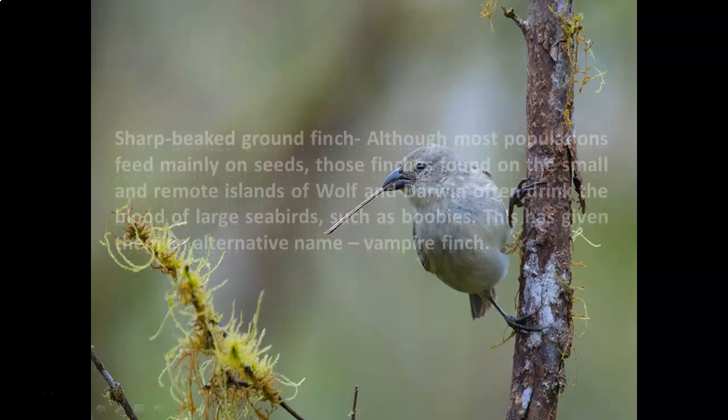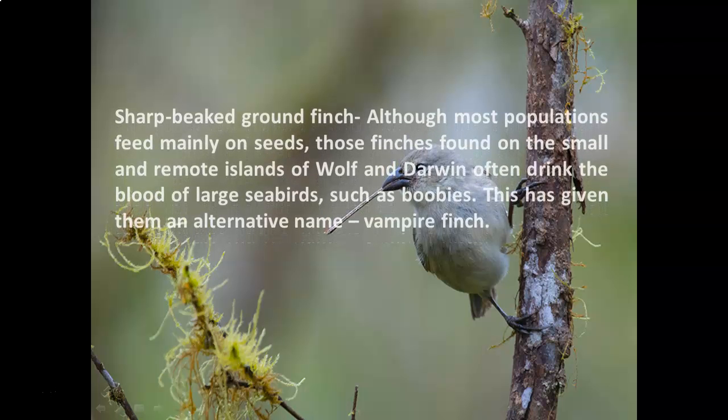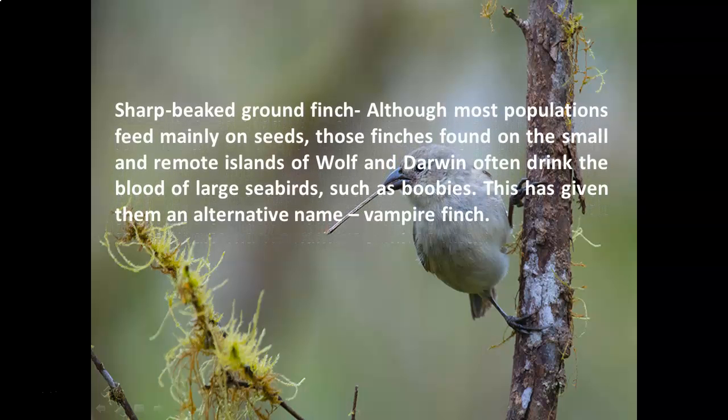Sharp-beaked ground finch. Although most populations feed mainly on seeds, these finches found on the small and remote islands of Wolf and Darwin often drink the blood of large seabirds such as boobies. This has given them an alternate name, vampire finch.